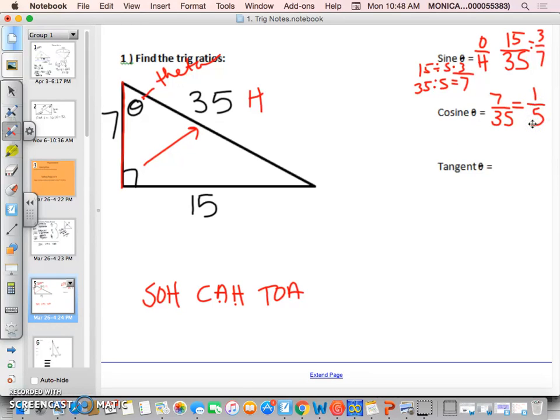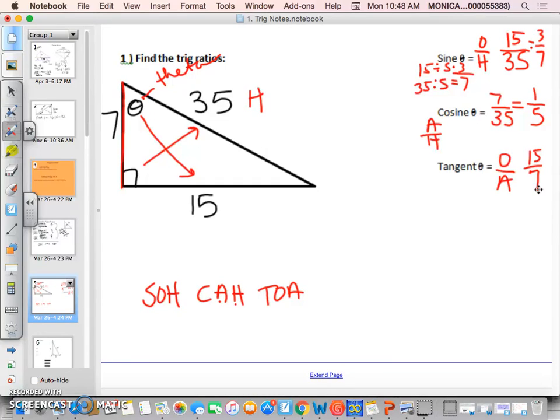Cosine, again, is adjacent over hypotenuse. And lastly, we're going to look at the tangent. The tangent is going to be the opposite over the adjacent. Theta is here, so the opposite side is 15 over 7. And 15 over 7 cannot be simplified, so I just leave it like it is.